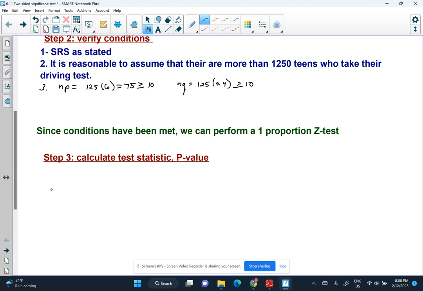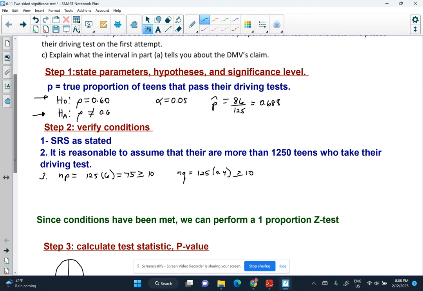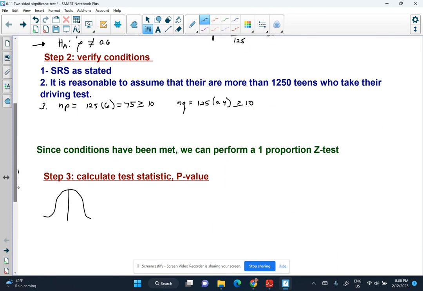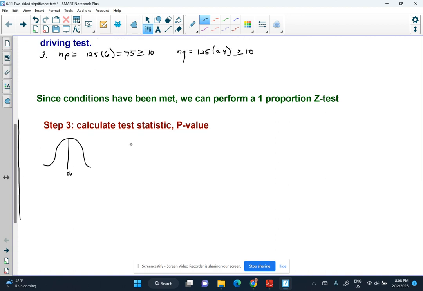Next is the calculations. So we start off by drawing a normal curve, and the mean of this sampling distribution, which can be represented as a normal curve based on satisfying condition 3, is going to be p. It's what we're defining it. Okay.